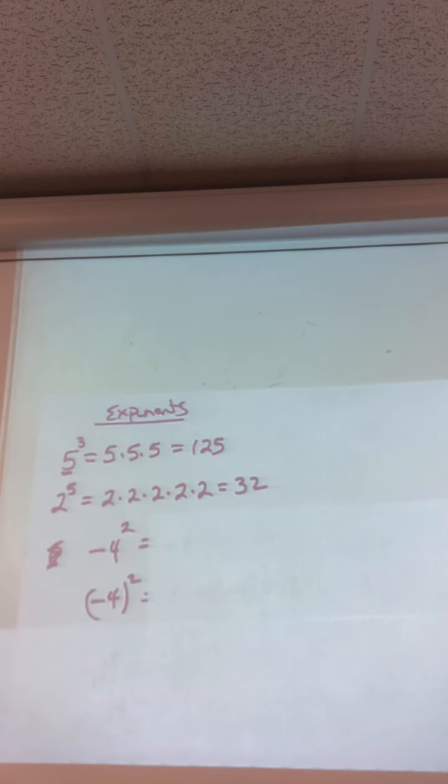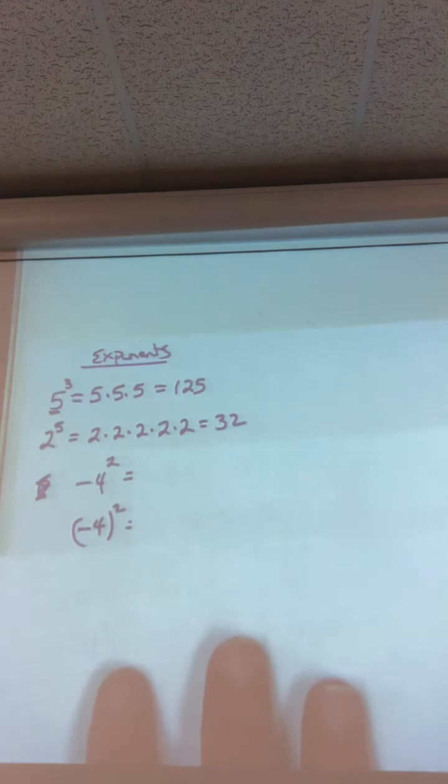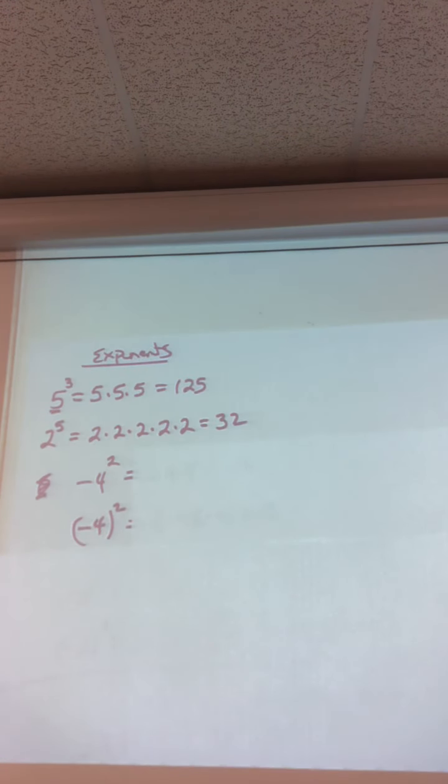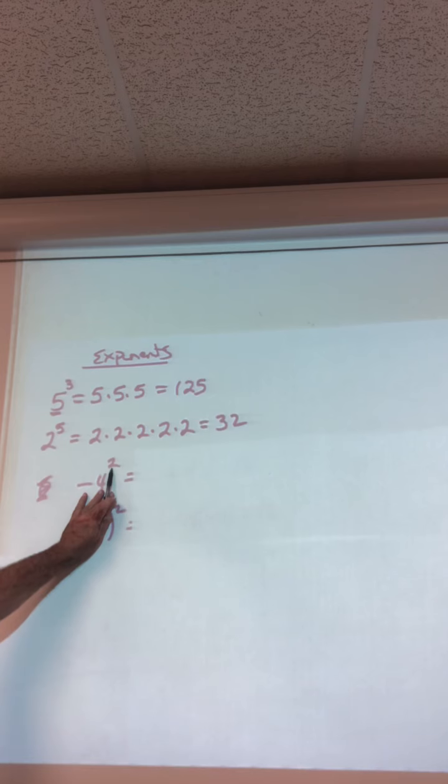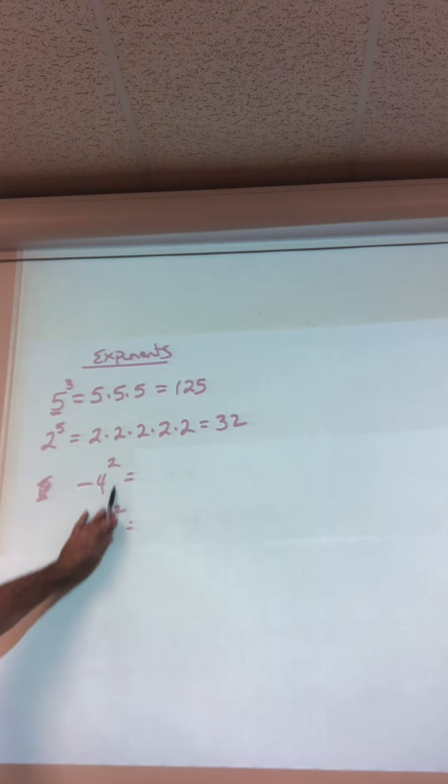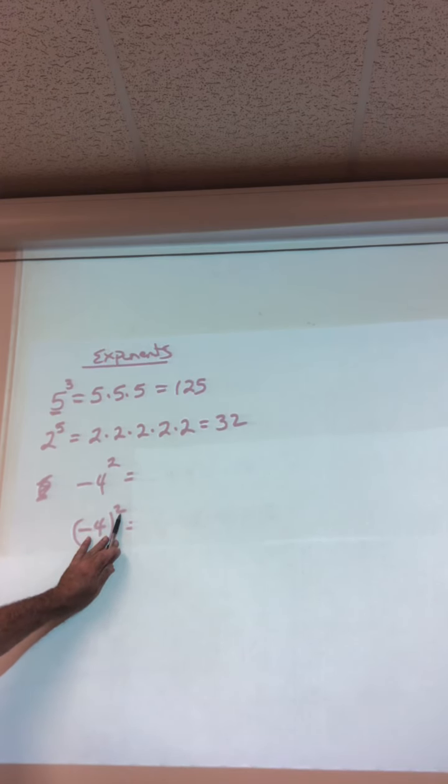Now, where you have to be a little careful with exponents are these two. Because on these two, when you read this, if I said close your eyes and let me read this, and I said negative 4 squared, negative 4 squared. These two problems right here read the same, but they're not the same. In this problem right here, the power is 2. In this problem right here, the power is 2.